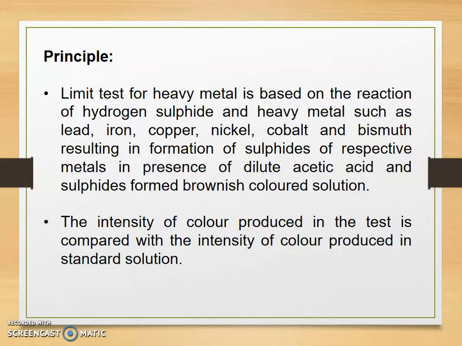So let's see the principle behind limit test for heavy metal. The limit test for heavy metal is based on the reaction of hydrogen sulfide and heavy metals such as lead, iron, copper, nickel, cobalt and bismuth, resulting in the formation of sulfides of respective metals in presence of dilute acetic acid, and the sulfide formed gives a brownish colored solution.